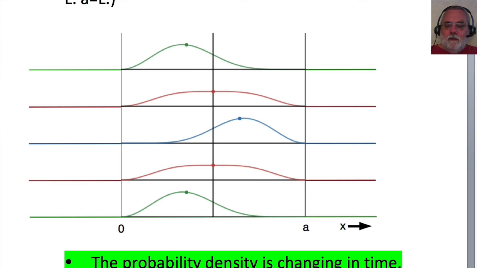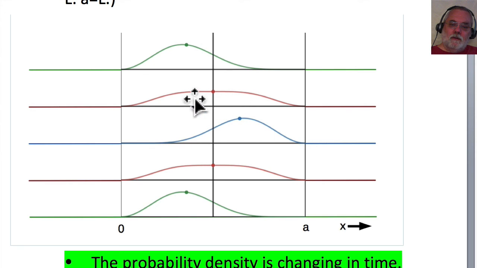So if we were to look at the probability curve, it is sloshing left to right, right to left, back and forth. So it's here, and then it sloshes more toward the right, and then more toward the left, and the expectation value goes here to here to here to here to here.